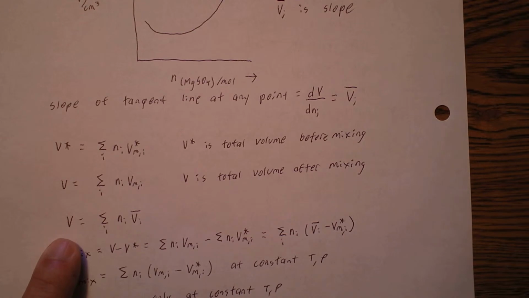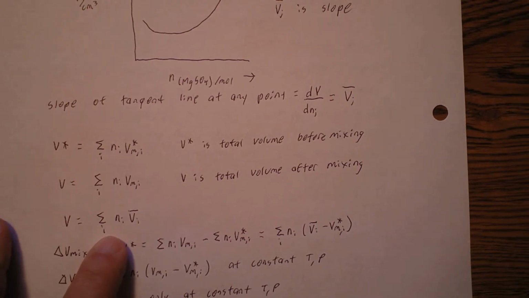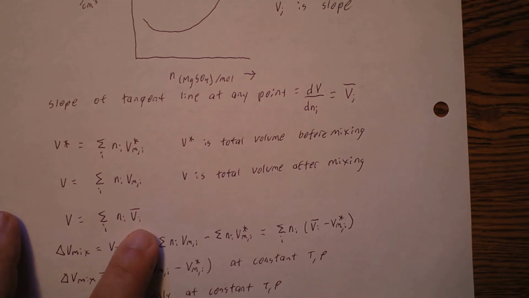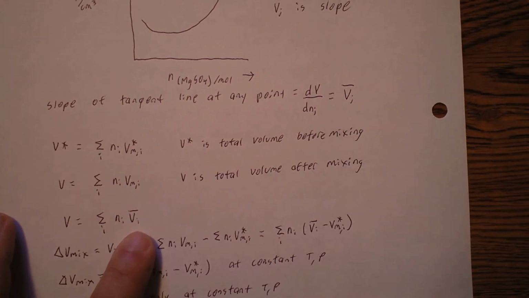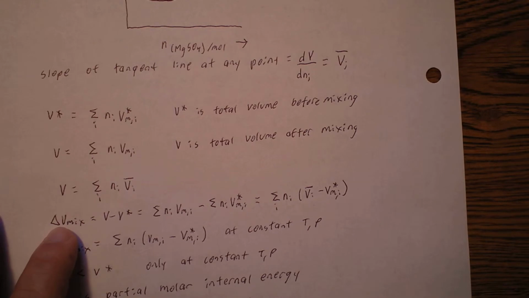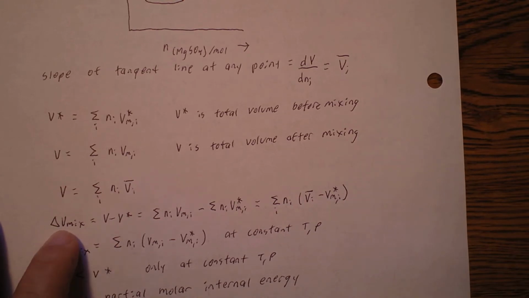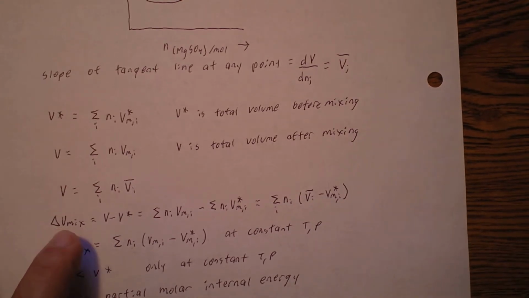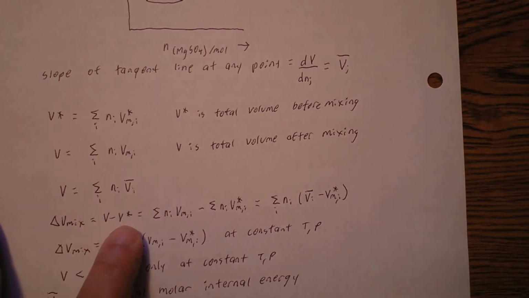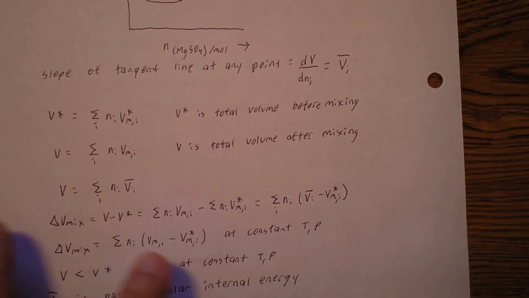So the volume could also be written as the sum over substances I of the number of moles of substance I times the partial molar volume of substance I. So the change in the volume from mixing is going to be the actual volume minus the initial volume: the total volume after mixing minus the total volume before mixing.